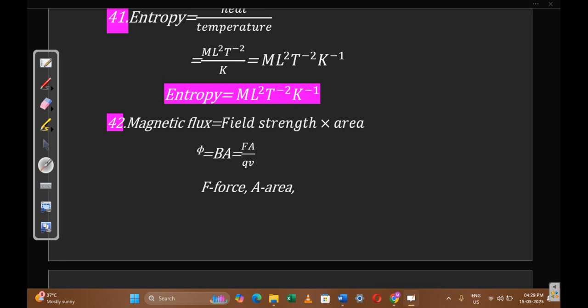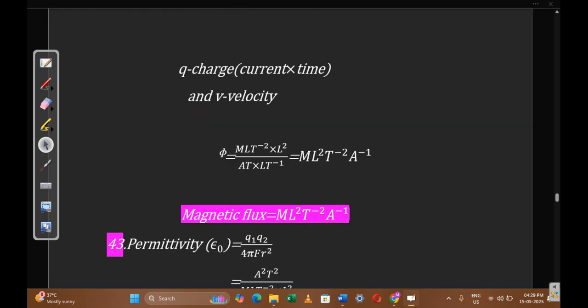B means F by QV. F means force, A for area, Q for charge. Q means current into time. And V means velocity. Substitute the dimension formulas. We get the dimensional formula of magnetic flux is ML square T power minus 2 A inverse.